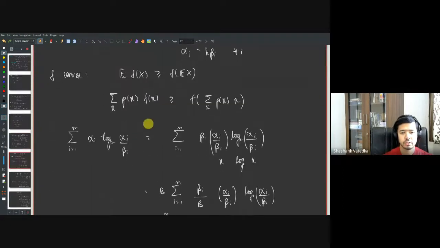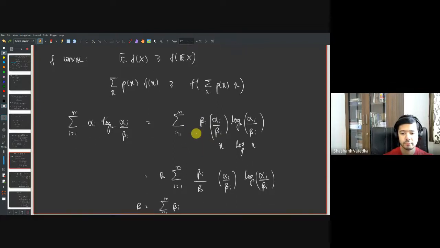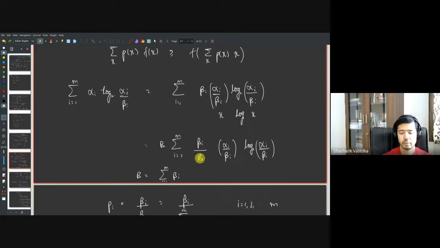I start out with the quantity we had on the left hand side, and then I first multiply and divide by beta i, so that I first have x log x. And then I again multiply and divide by capital B to make sure that I have a probability mass function sitting over here. So beta i by capital B is a valid probability, times capital B.